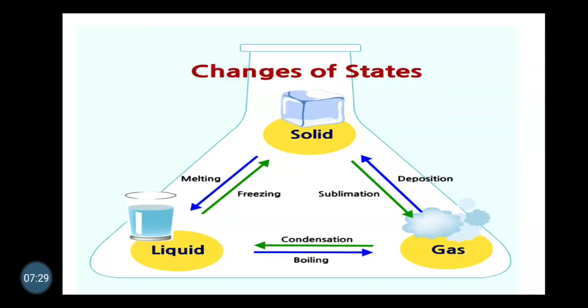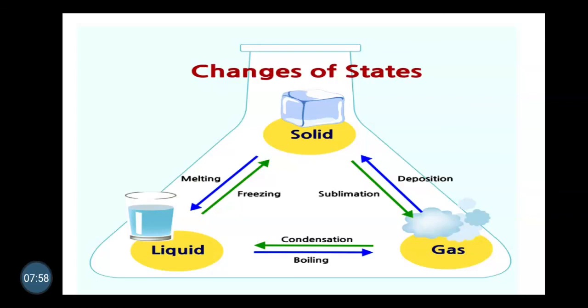This is the summary. A solid, like ice, changes into liquid by a process called melting, and this happens by heating. A liquid changes again into a solid by the reverse process of melting, which is freezing. I put water in the freezer and it changes into ice. It happens by cooling, and the process is called freezing.